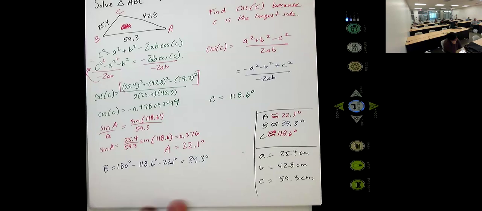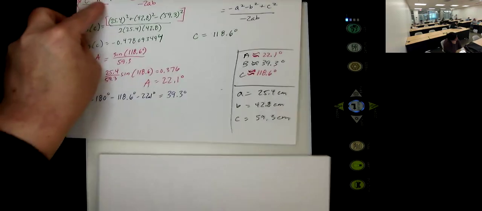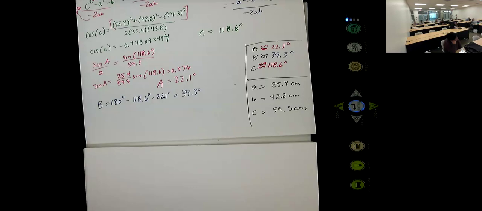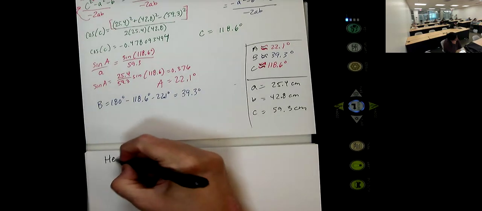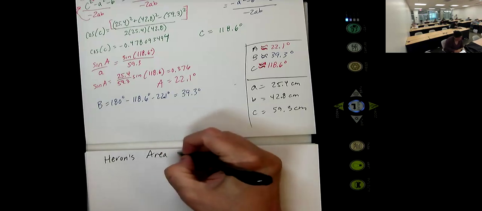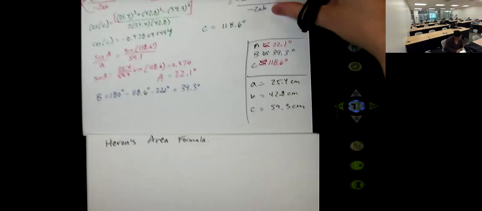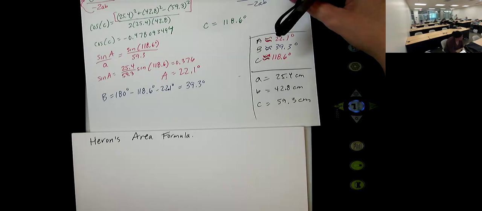So, we've got one more equation, it's Heron's formula for area. Does anyone need the rest of this old question? Okay.